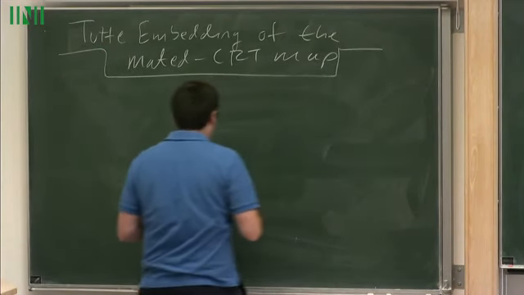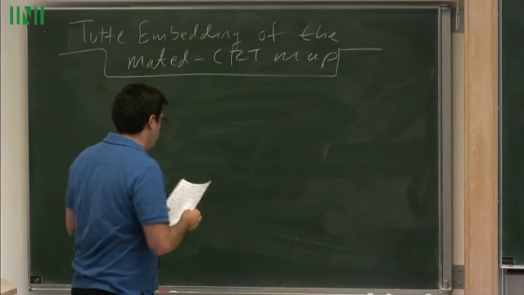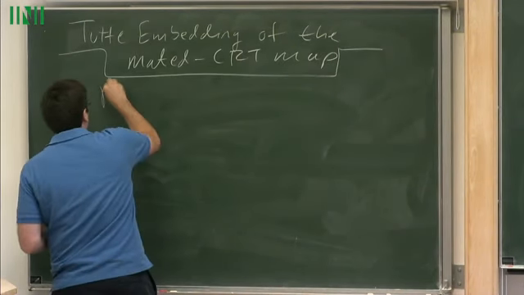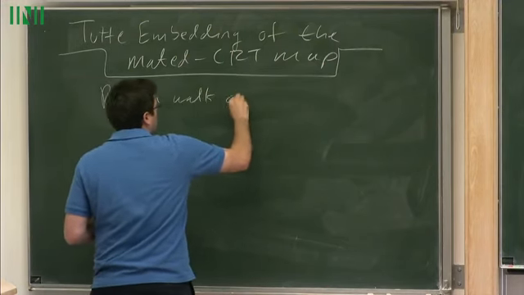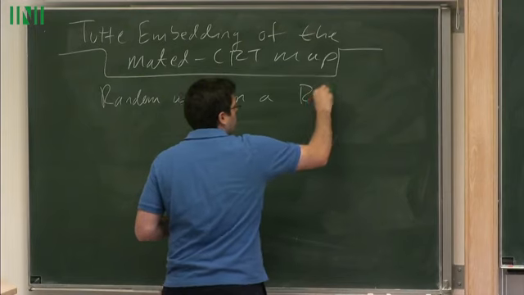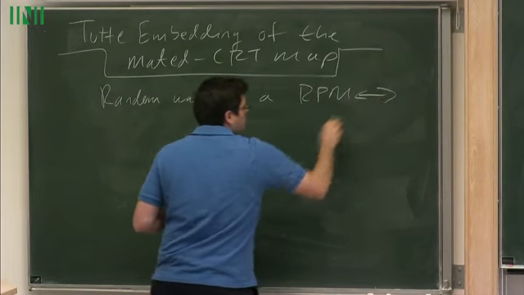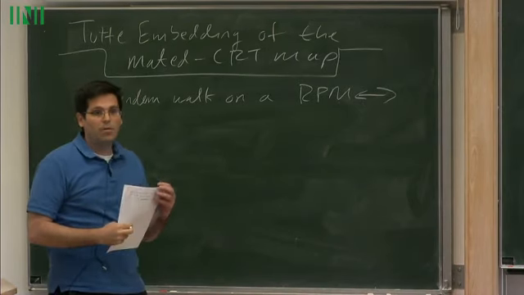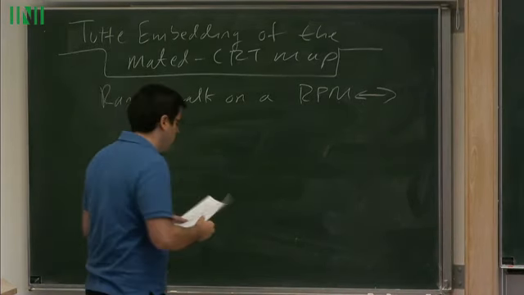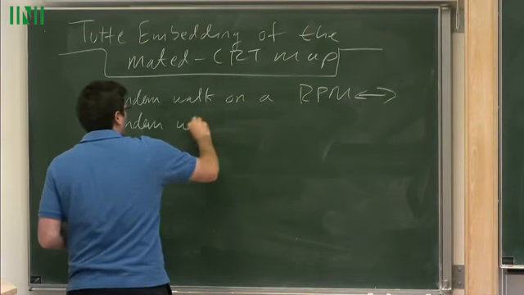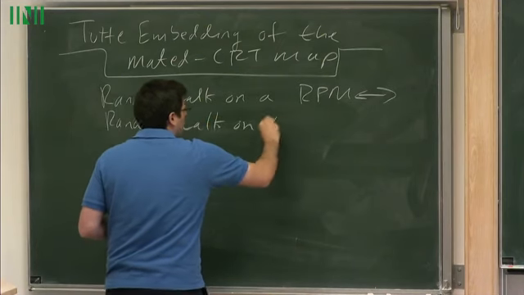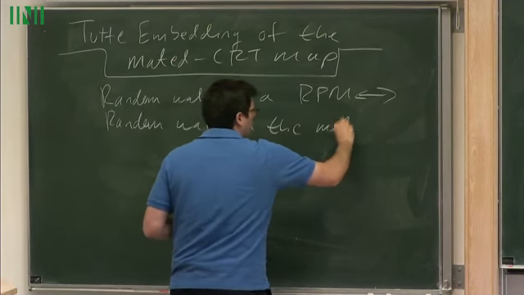Before I go into this, let me just quickly recap what I've been talking about. The general idea is that if you have a random walk problem on a random planar map, then what I've tried to explain is that you can always convert this into a question about random walk on the mated CRT map.